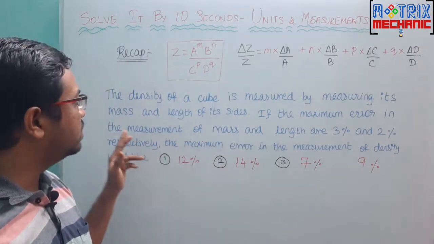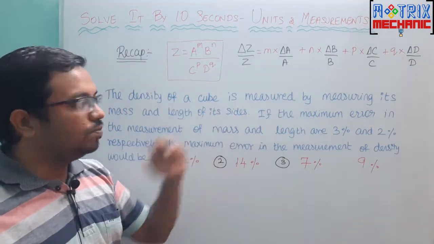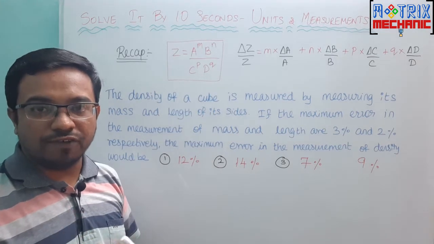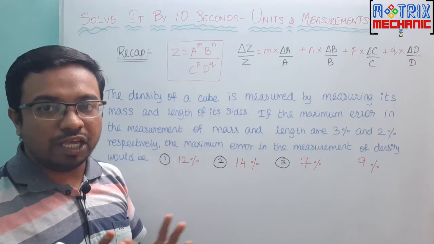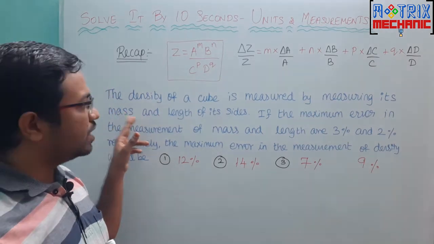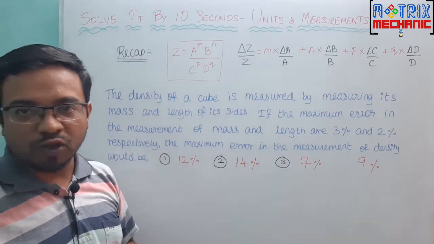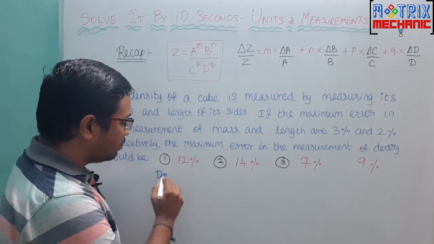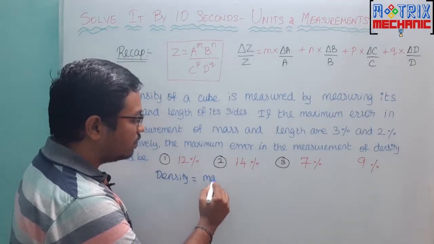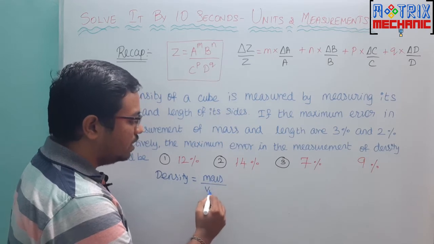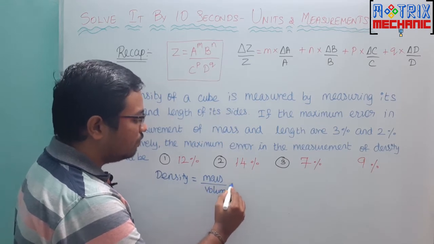Now see this question: the density of a cube. We are going to measure the density of a cube. Cube means we know very well all the sides are equal, right, by measuring its mass and length. I want to obtain the density of the cube in terms of mass and length, but we know the formula for density, that is mass by volume.